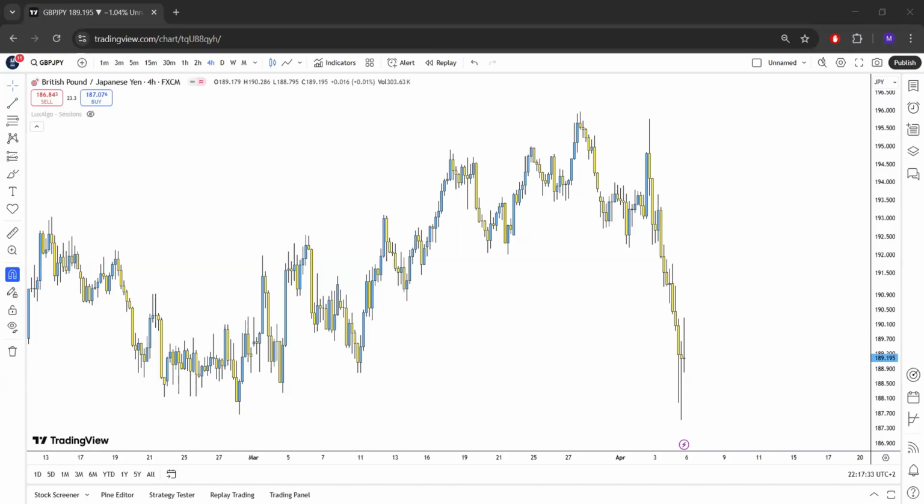So with all of this taking place, the tariff wars, whatever other geopolitical tensions there are, global economic fears, these are risk-off events that will potentially crush GBPJPY.